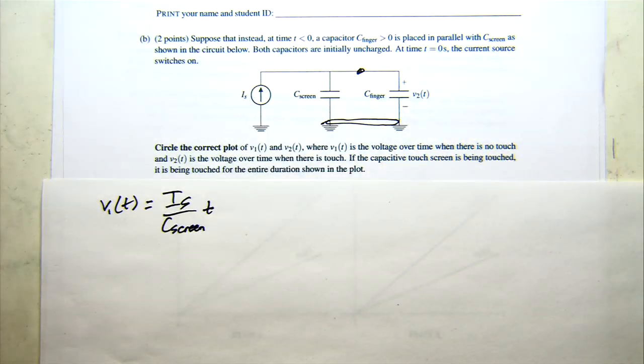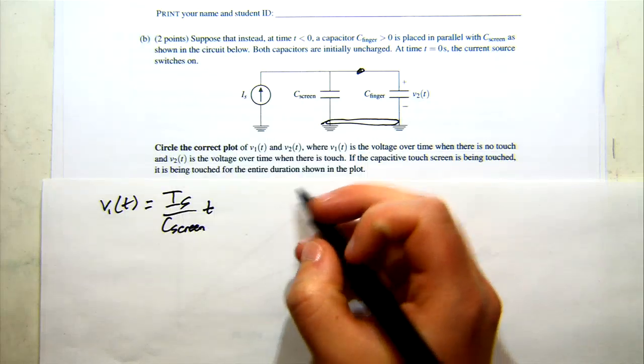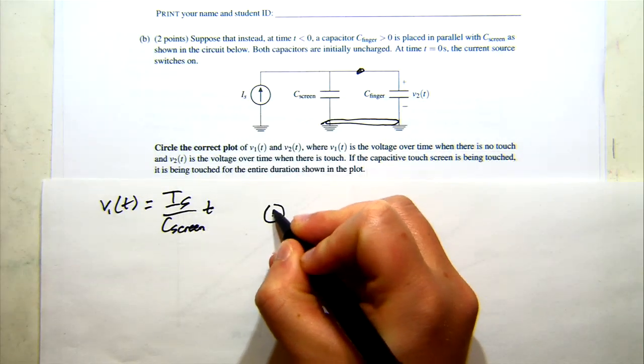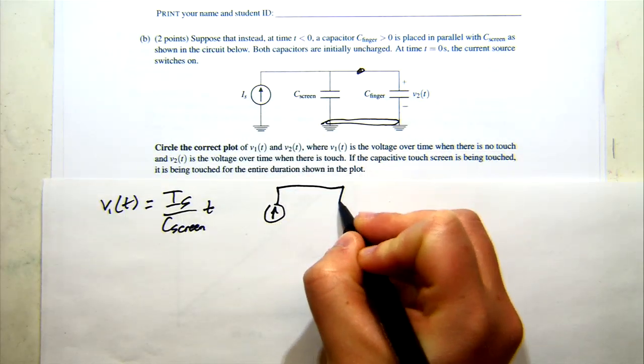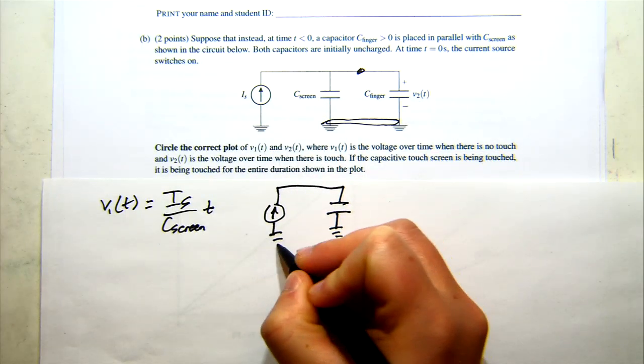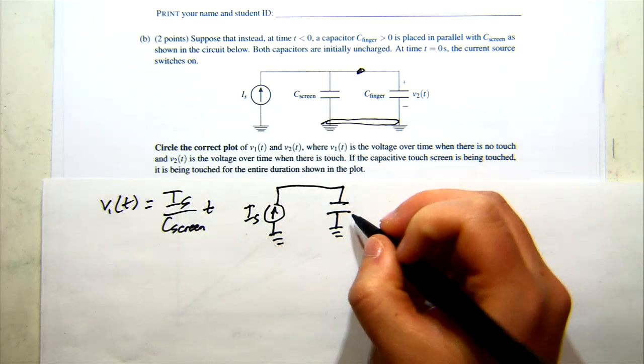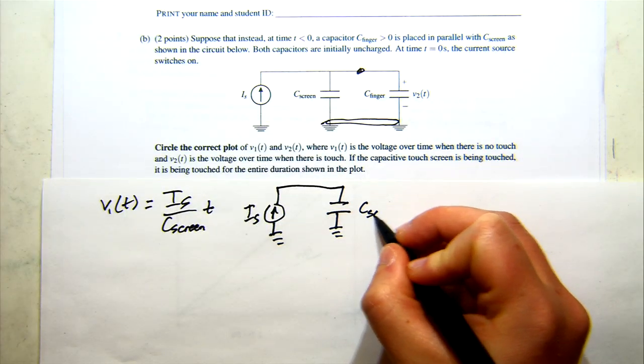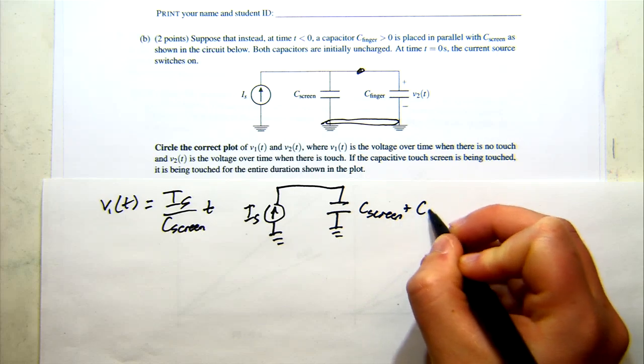That means they're in parallel. So we can equate them using the parallel configuration. When they're in parallel, we add them because they're capacitors.